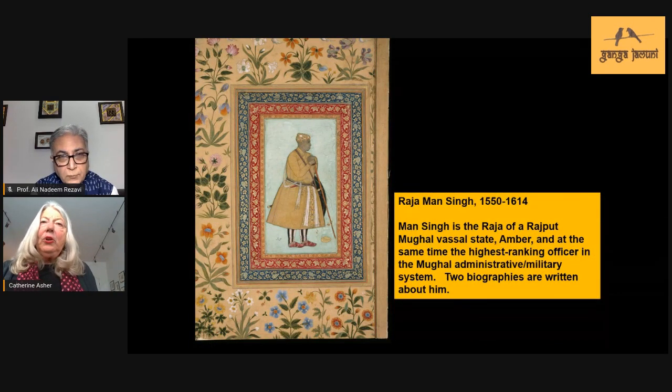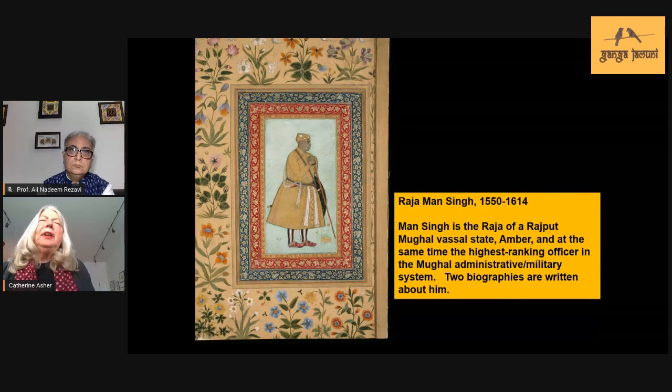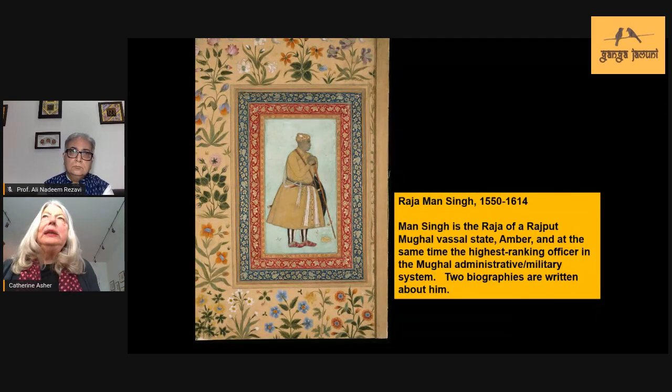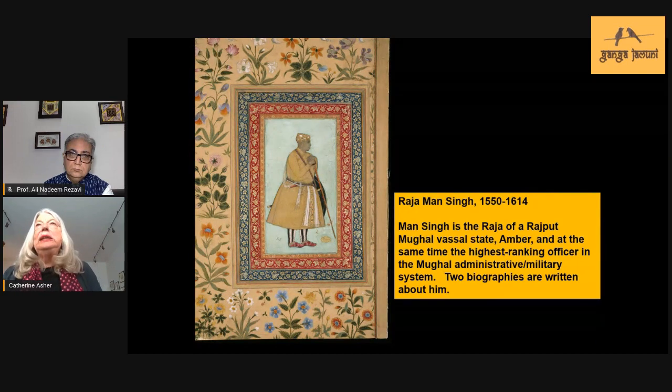Among the notable patrons under Akbar, and I'll pretty much finish with him, is Raja Man Singh, who lives from 1550 to 1614. Raja Man Singh, as I'm sure you know, is the ruler of Amber, that is a Rajput vassal state.